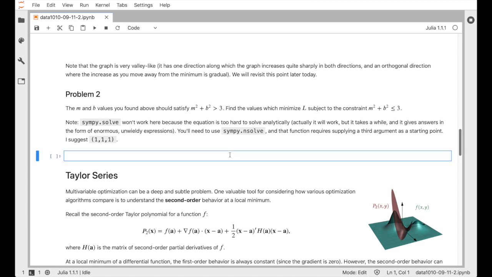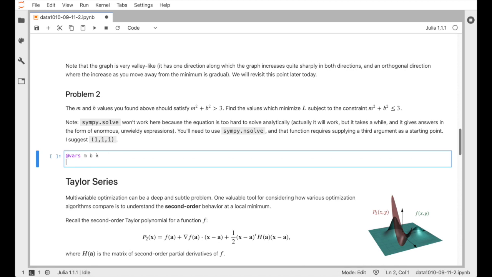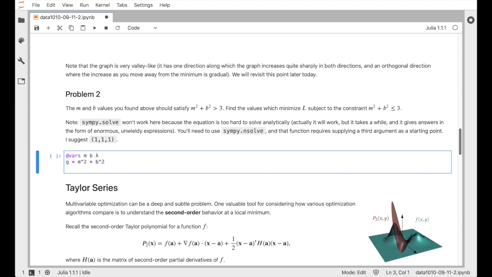So we'll begin by declaring m and b and lambda to be variables, and we'll let g be the constraint function, which is m squared plus b squared. You could also do m squared plus b squared minus 3. That would be just as good. And we're just going to follow the instructions. So we're asked to use nsolve instead of solve, so it'll use a numerical solver.